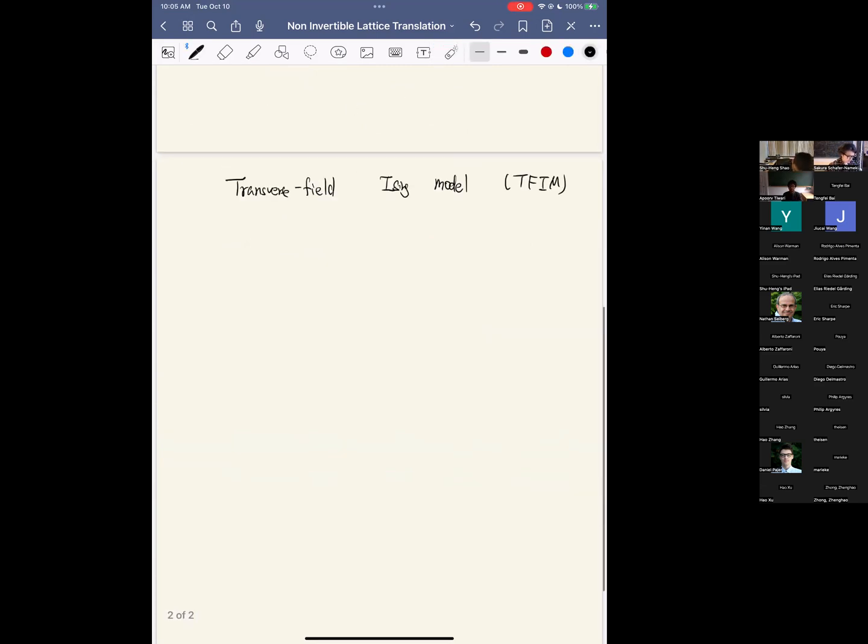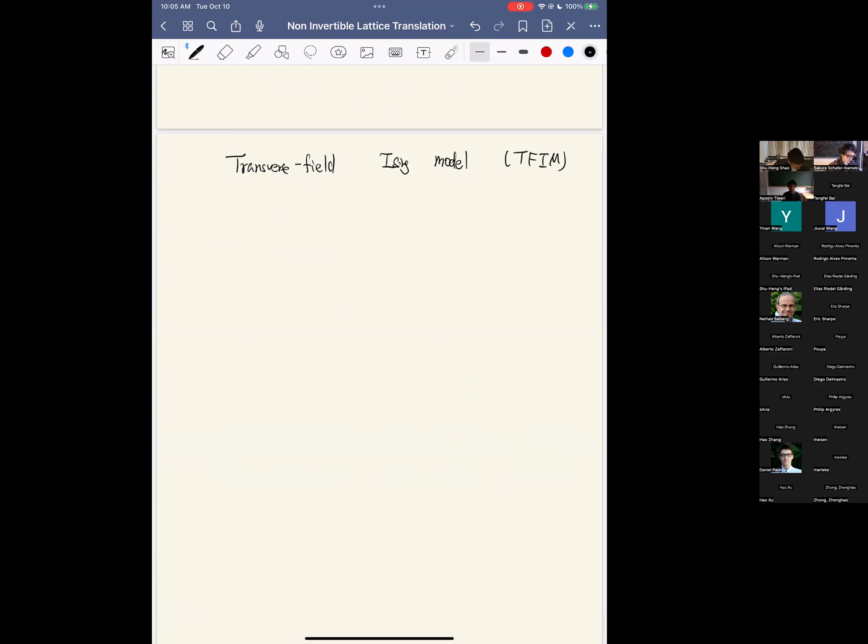So let me give a very quick review of the transverse field Ising model. You can also look it up on Wikipedia. So it's a lattice model in one spatial dimension. To talk about its symmetry, it's standard to put the system on a closed chain.